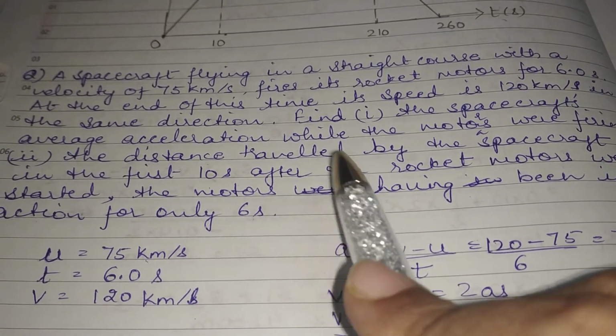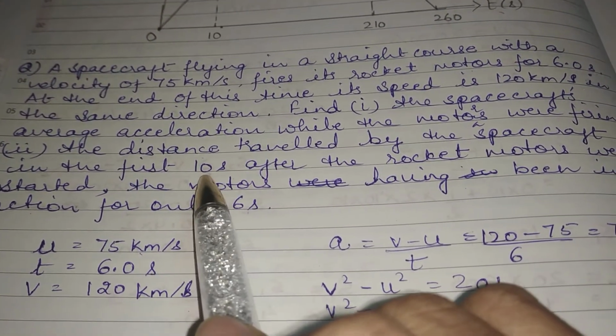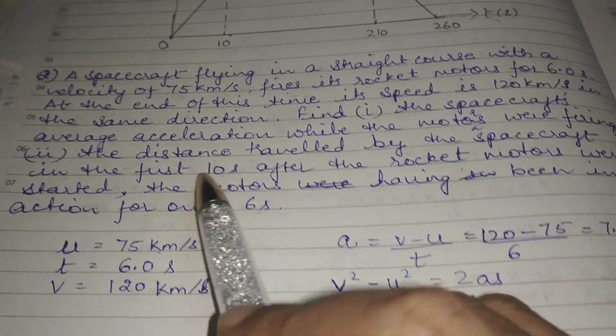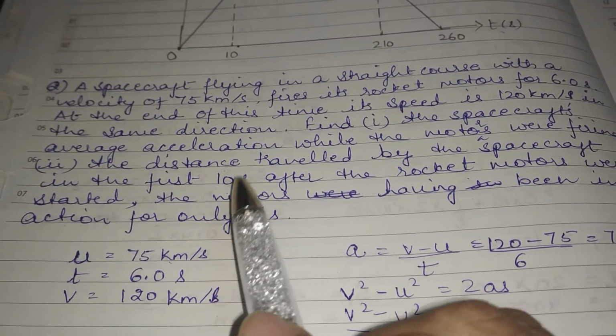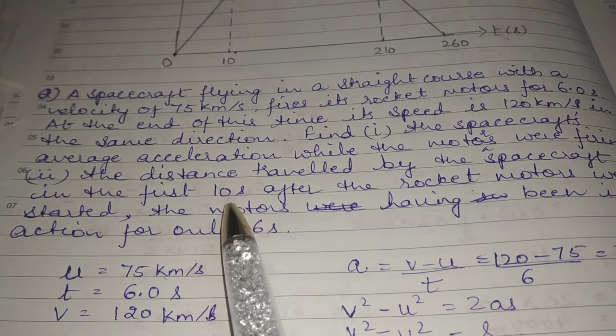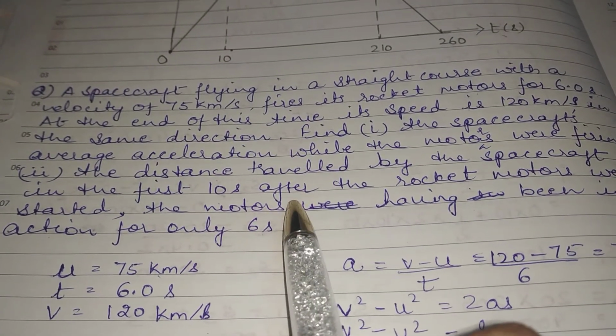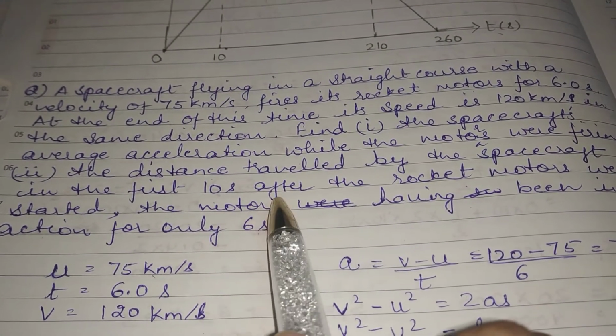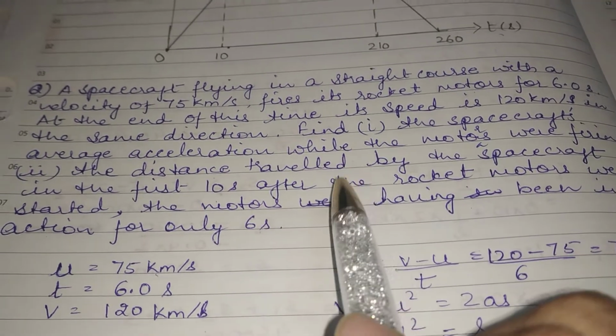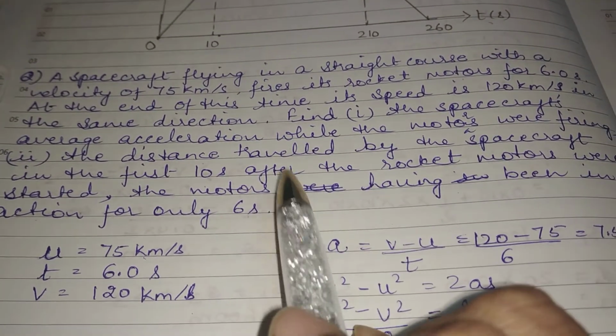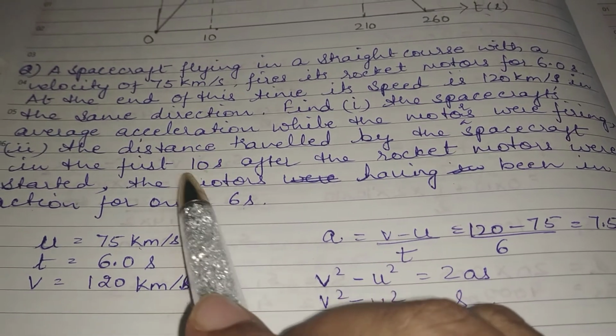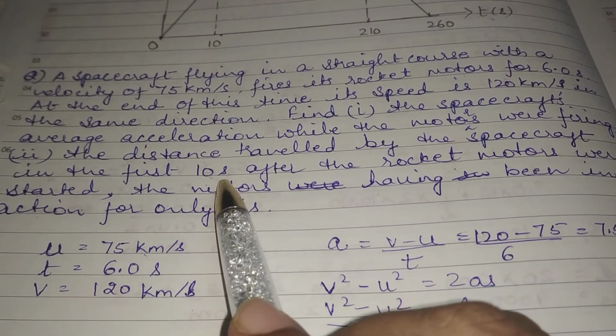That means as per the question, the spacecraft continued its motion, it continued to travel till the next 4 seconds also, and you have to find out the entire distance traveled in the first 10 seconds.